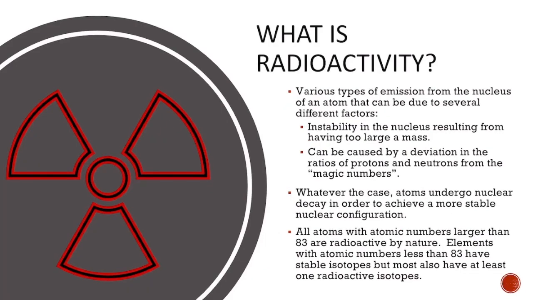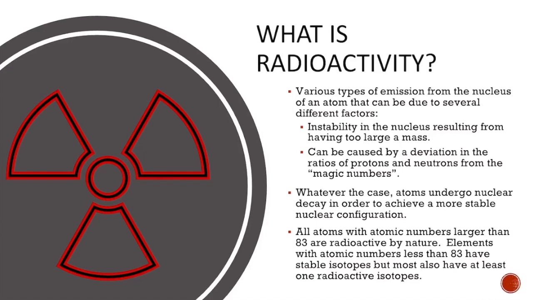All right, so what is radioactivity? This is various types of emission from the nucleus of an atom that can be due to several different factors. It can come from an instability in the nucleus that results from having too large of a mass, or it could be caused by a deviation in the ratios of protons and neutrons from what's called the magic numbers.